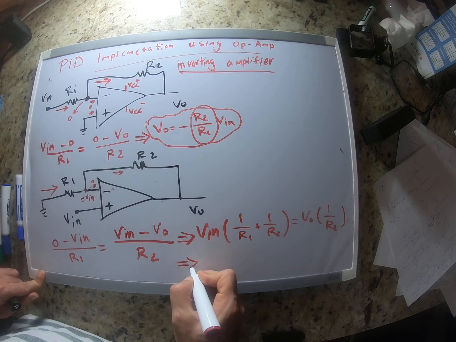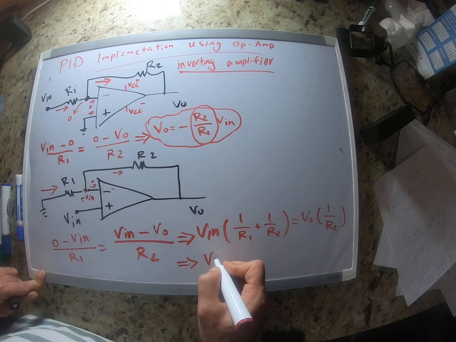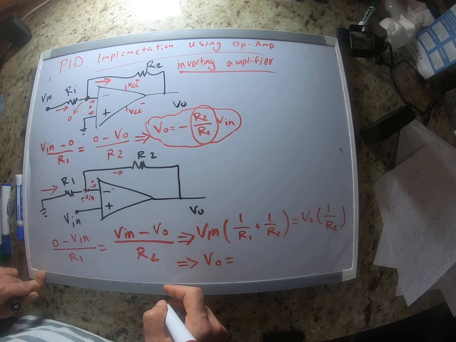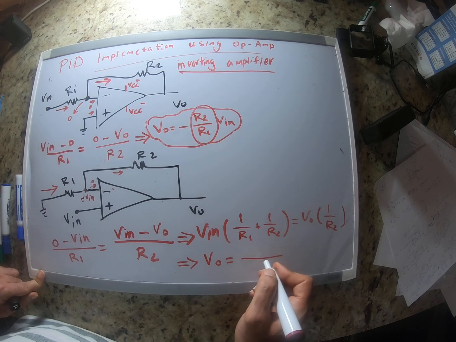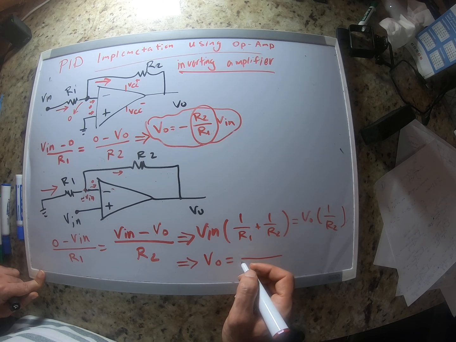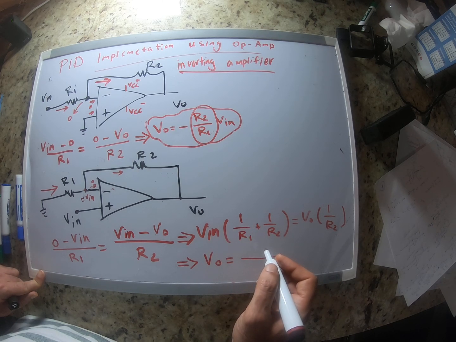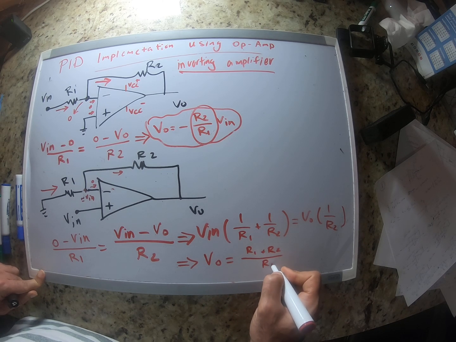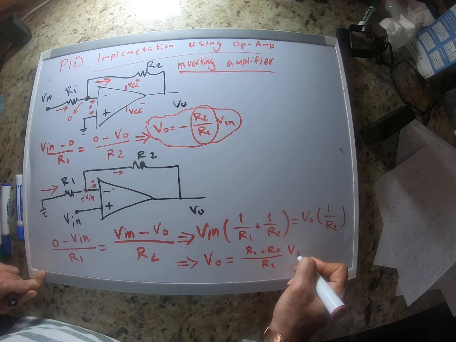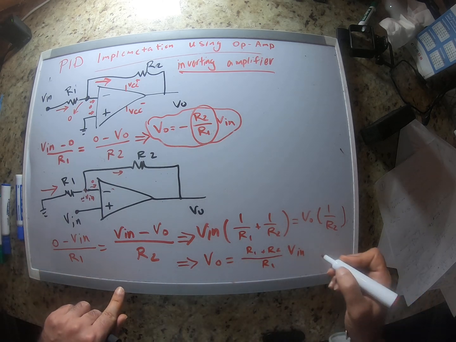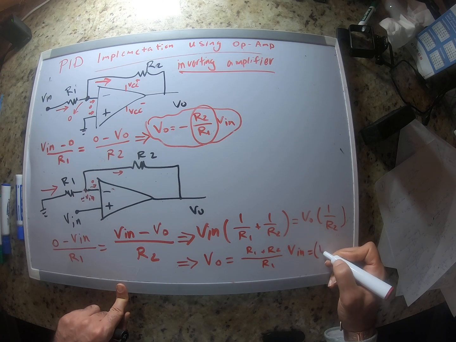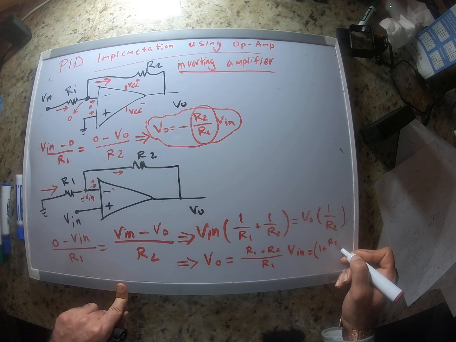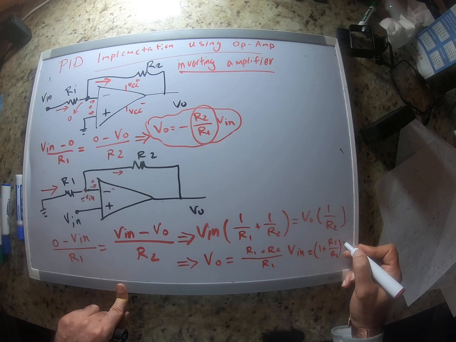If I simplify this, it means that VO is going to be equal to R1 plus R2 divided by R1 times V in. Or you can actually write it as 1 plus R2 divided by R1 times V in.